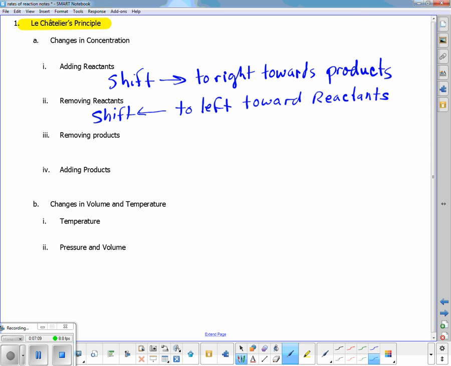Okay, so I'm shifting. Now think about it. If I take and remove the products, I'm making a hole on the product side. Which way is it going to shift? I got to fill that hole. Remember, you've got reactants on this side, and products are on this side.